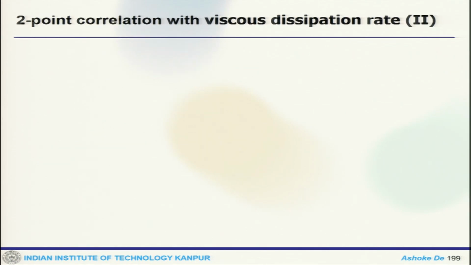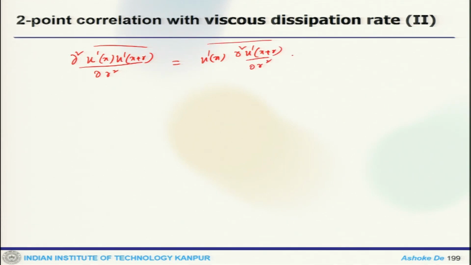Now, we can take the second order derivative of the two-point autocovariance. So what that gives me is del 2 of u prime at x plus r by del r squared, which equals u prime at x times del 2 u prime at x plus r by del x squared.